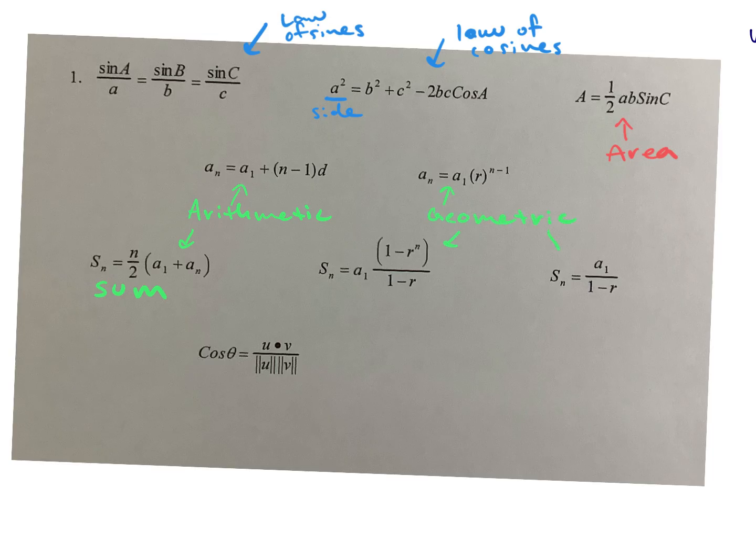These two are geometric sums. The one on the left is finite. The one on the right is infinite. And then the one at the bottom here is the angle between two vectors.